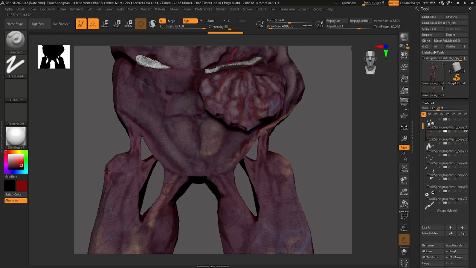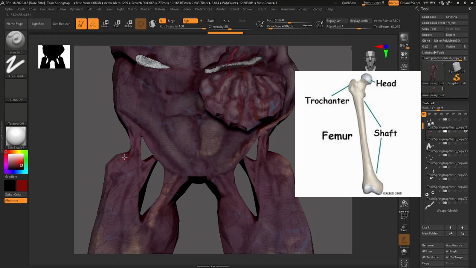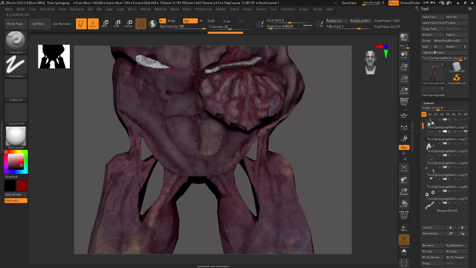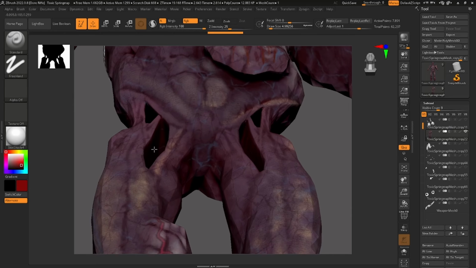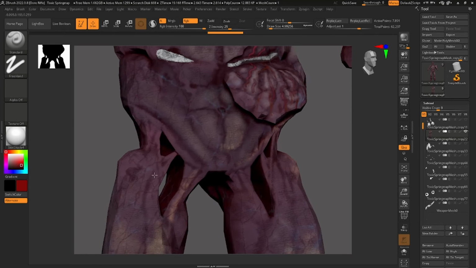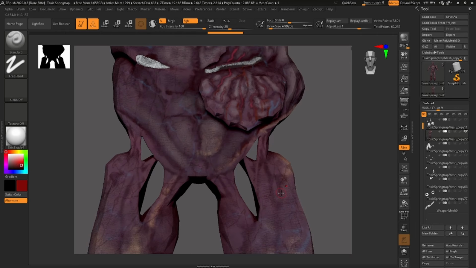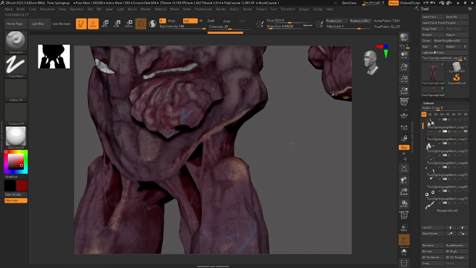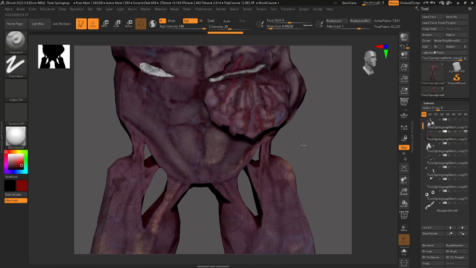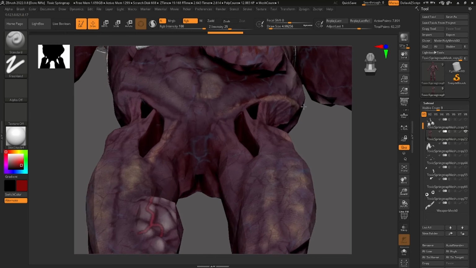So I think this is the back of the, yeah, because this would have to be the back of the femur. So I don't think his legs are even attached to his pelvis. I think they're free floating and held together with just muscle and flesh. That's unfortunate.